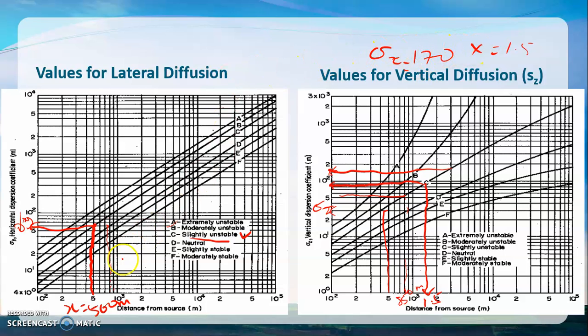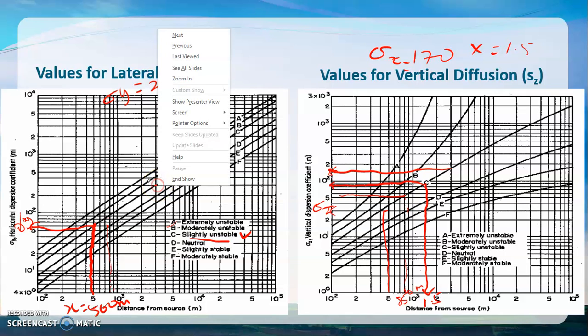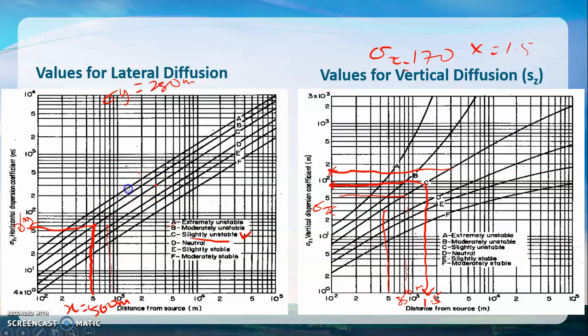Sigma Z is 170, and sigma Y they put as 280 meters. So it is class C. Again, I think they didn't take x at 1.5, they took it at 3. Let's see whether my assumption is correct. So 3, class C, it will be somewhere there.